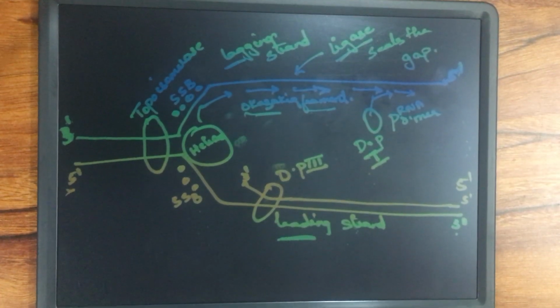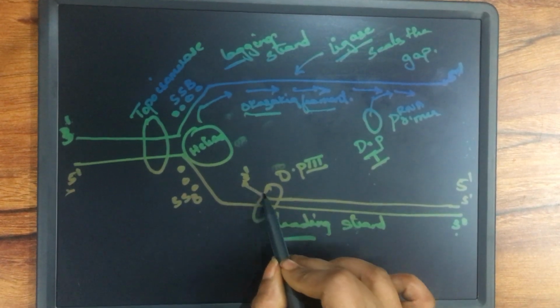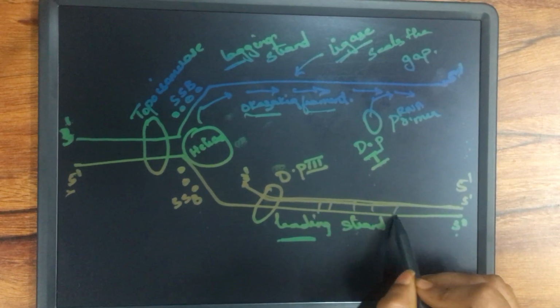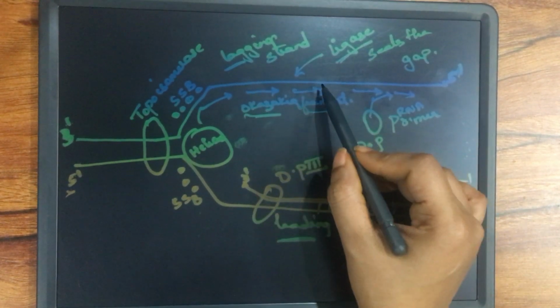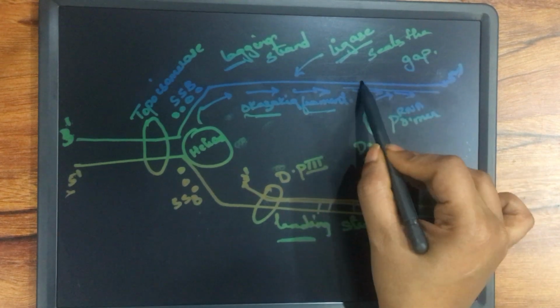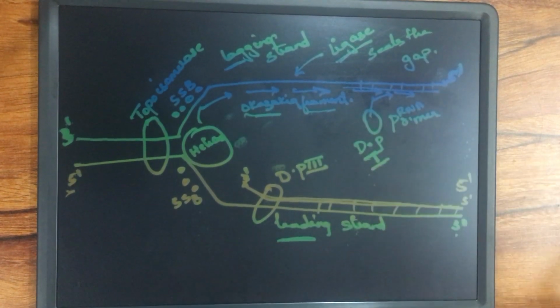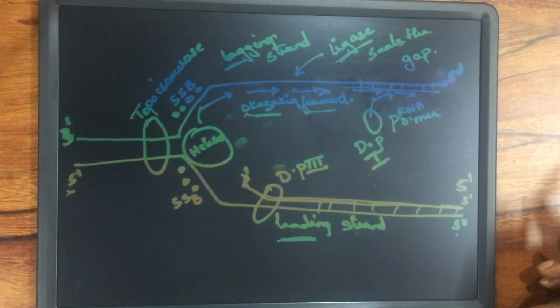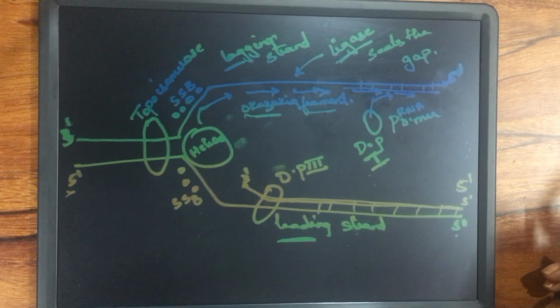So thus the replication of the DNA, where two strands are synthesized. Double-stranded DNA are synthesized on two single-stranded DNA templates. Okay students, in the next class we will see the replication errors.